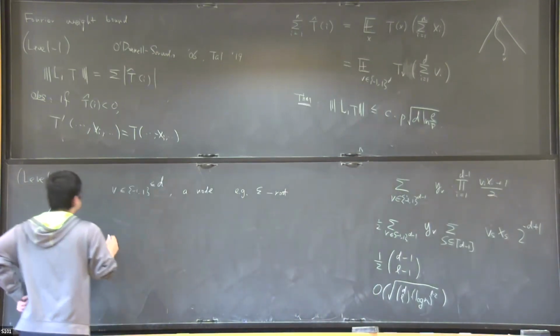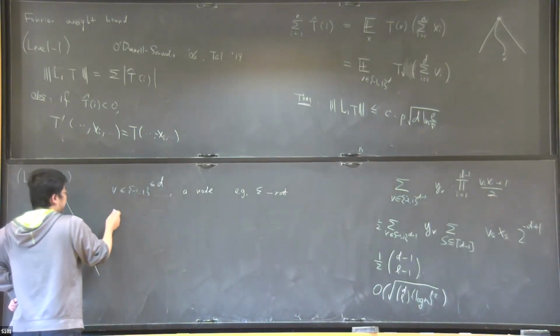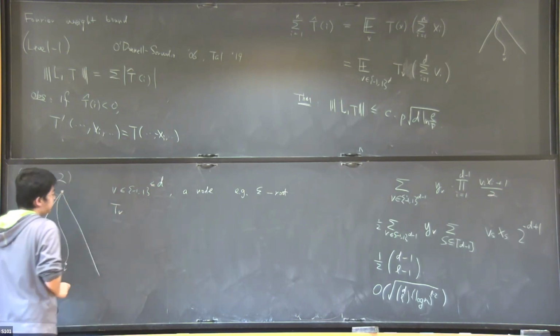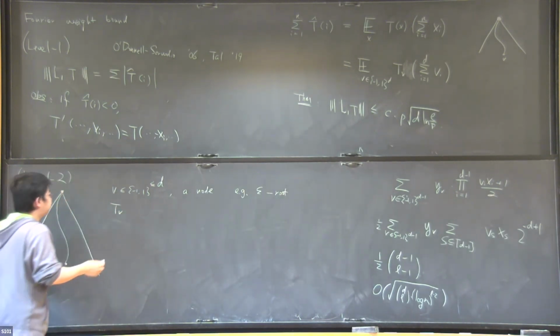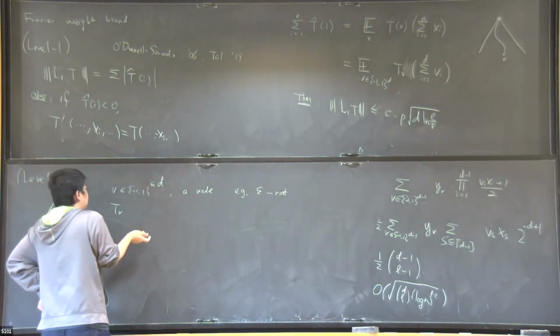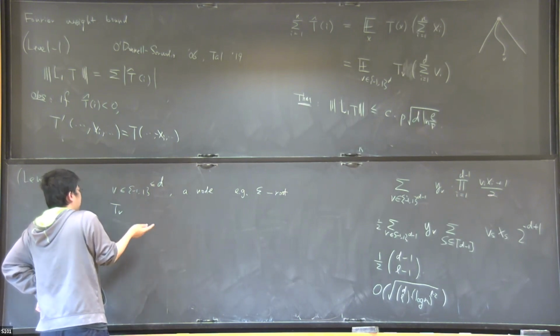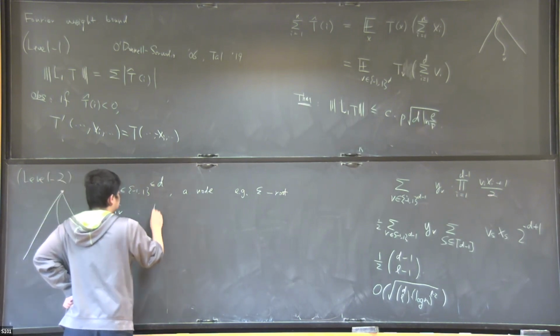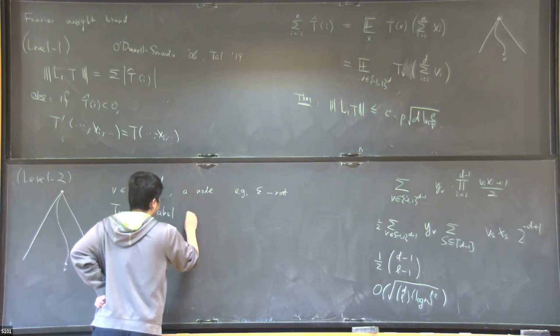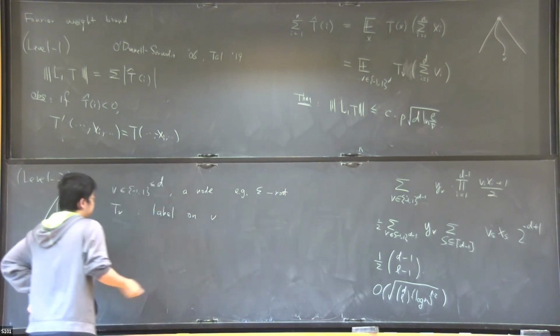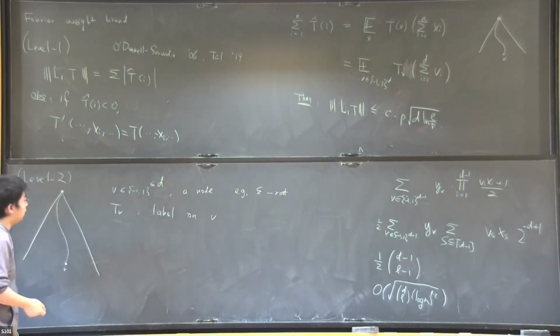And then let's use the subscript T_v to denote the label of the node v on your tree. When v is a leaf, that is just what you are going to output on this decision tree when you reach this leaf.